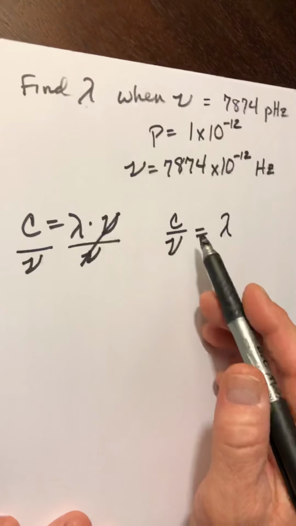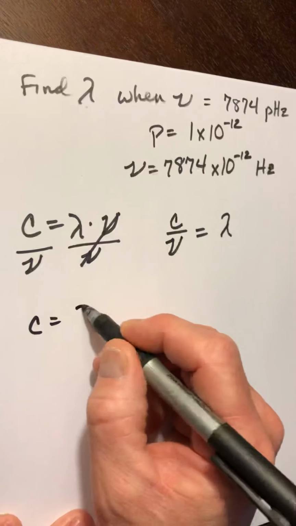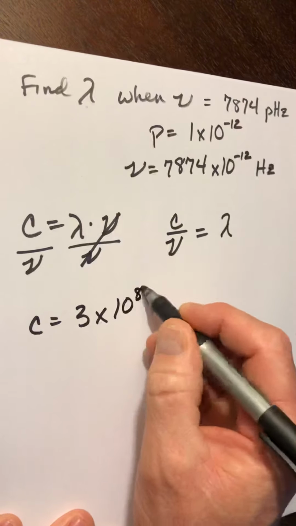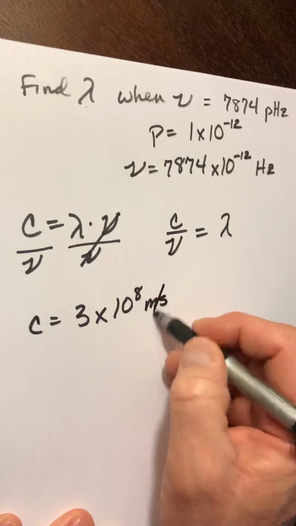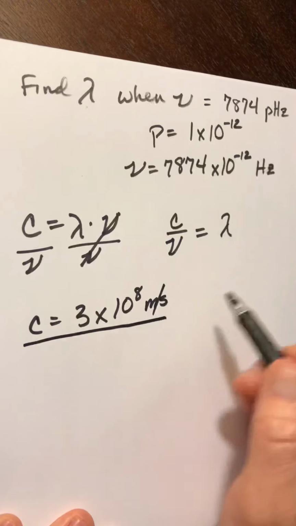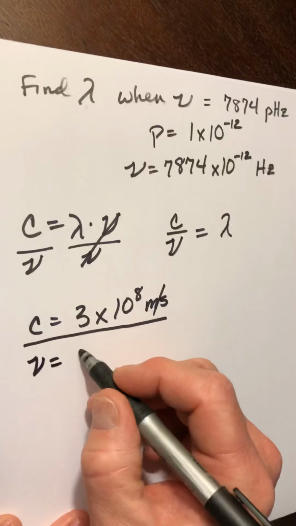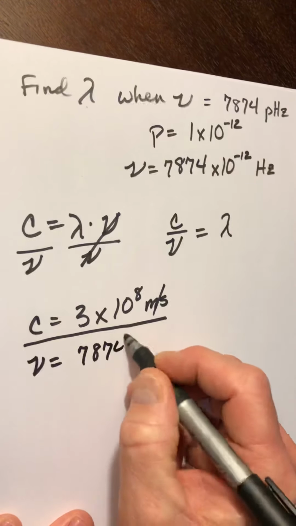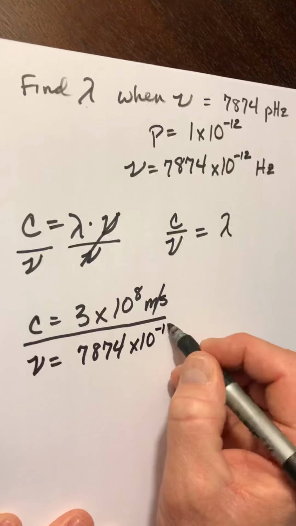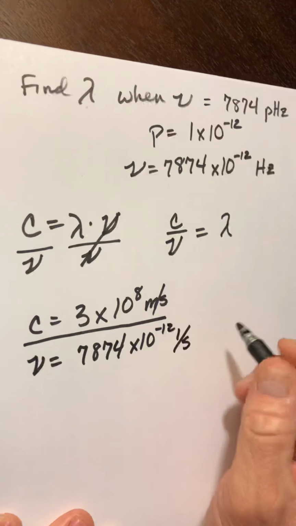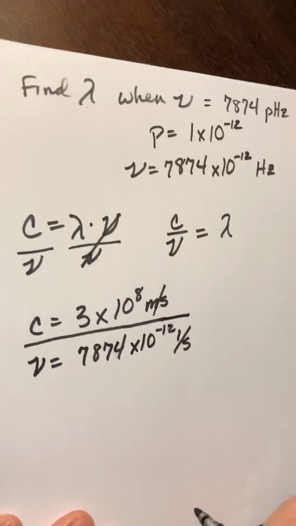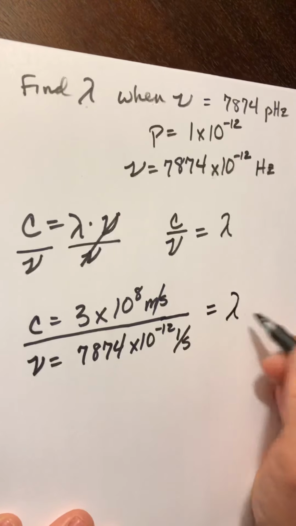We know the value for c, it's a constant. We're given the value, or we just found the value of frequency. And we're solving to get wavelength.